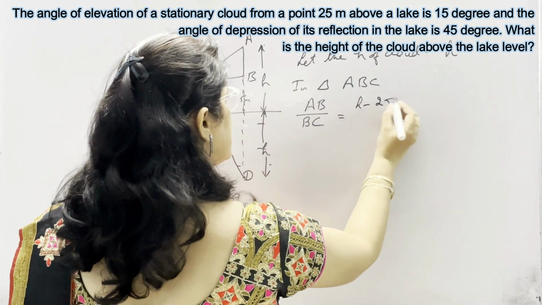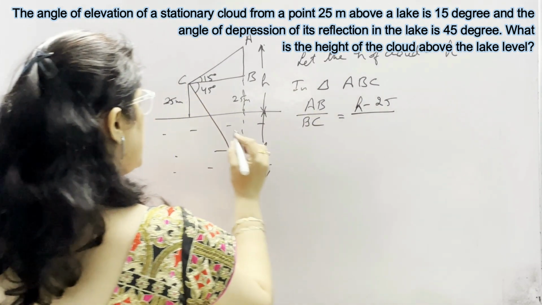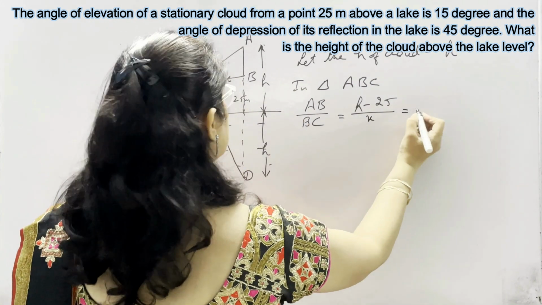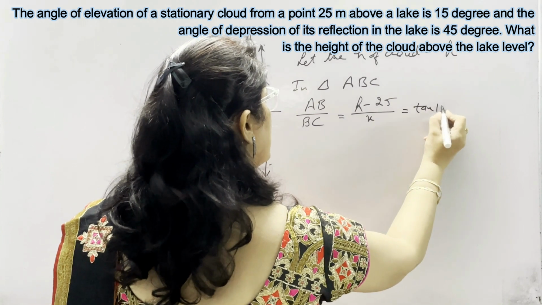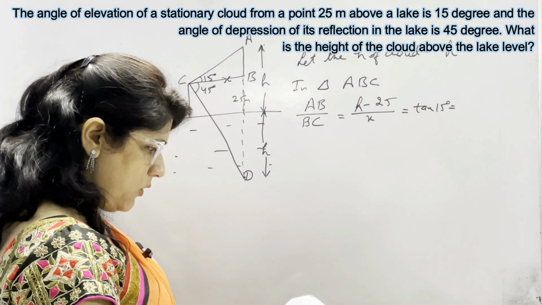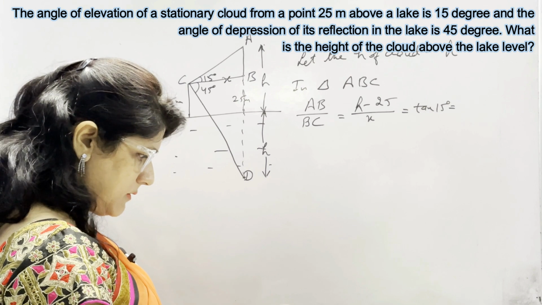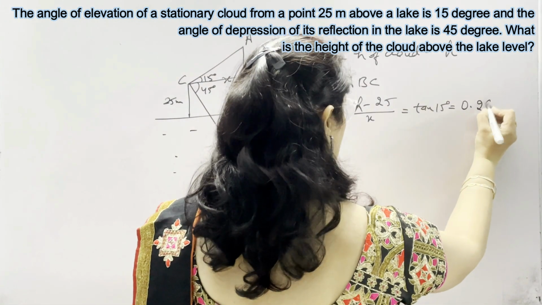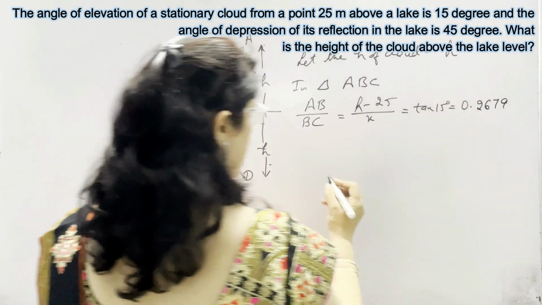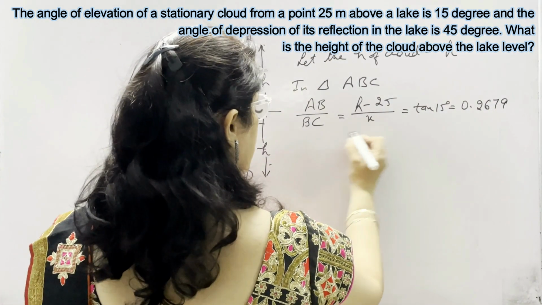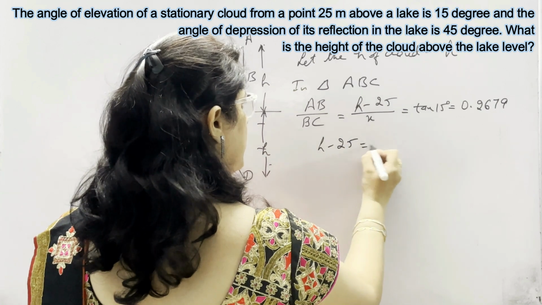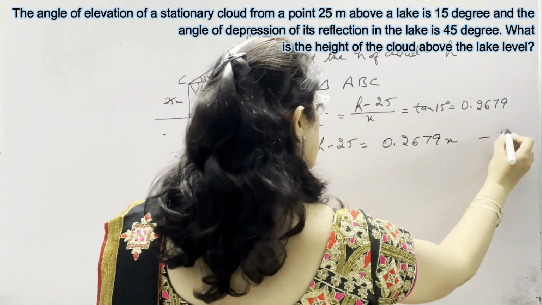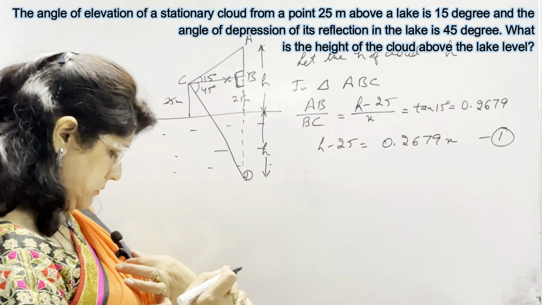So H minus 25 is the value of AB and BC we can take as X. So (H minus 25) upon X is equal to tan 15, and the value of tan 15 is 0.2679. So h minus 25 is equal to 0.2679x. This is our first equation.